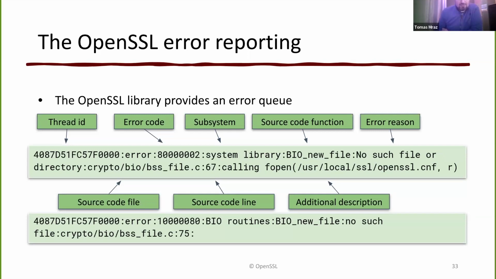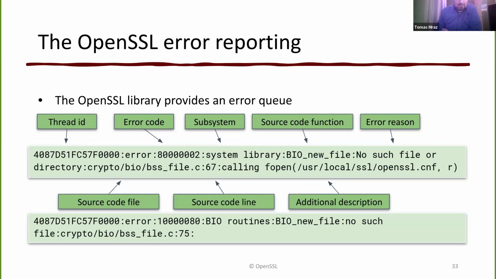Then there is the source code function, in our case, bio new file, and error reasons, which can be, in case of system library errors, a text from the error conversion.